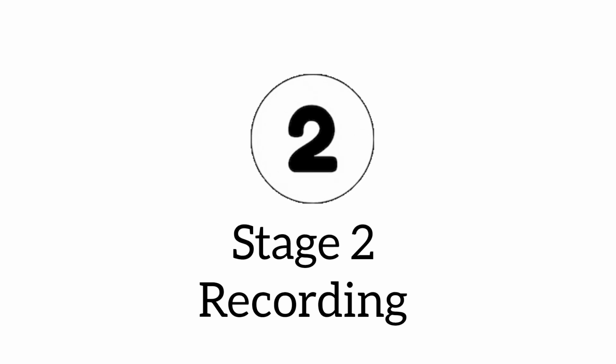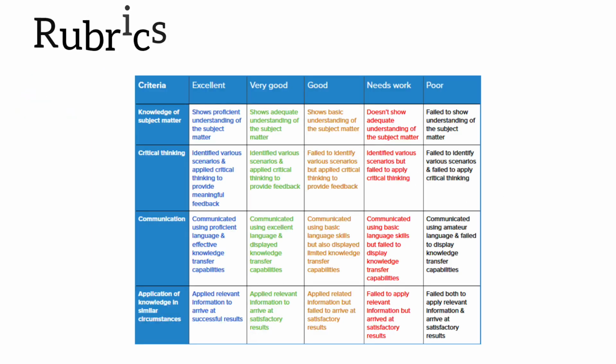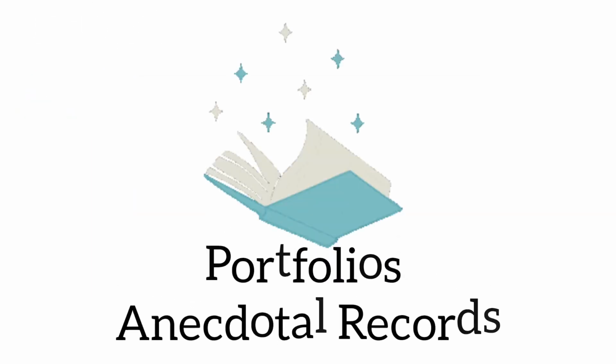Once you gather the information, let's move on to the second stage, which is called recording. Yes, you need to keep a record of what all you have observed in the classes. Now, how you are going to maintain the record, either in the form of lists, rubrics, portfolios, anecdotal records, etc. Not only do you have to gather the rich information, but it's also mandatory to have the evidences too.